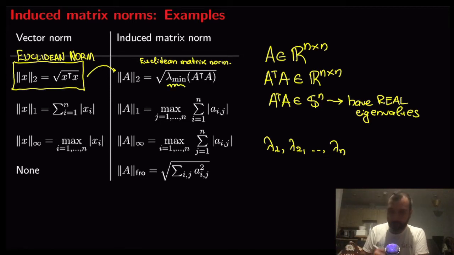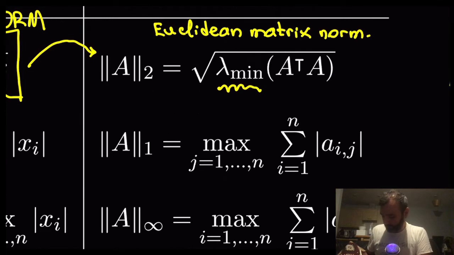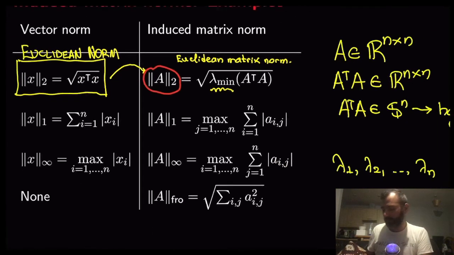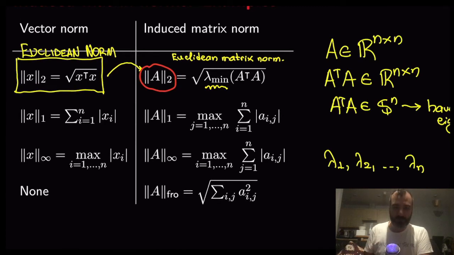This is the minimum, the smallest eigenvalue of A transpose A. This is the Euclidean norm of a matrix. So whenever you see norm of A subscript 2, this is the Euclidean norm, and it is the square root of the minimum eigenvalue of A transpose A. This is important. This is something you need to remember.